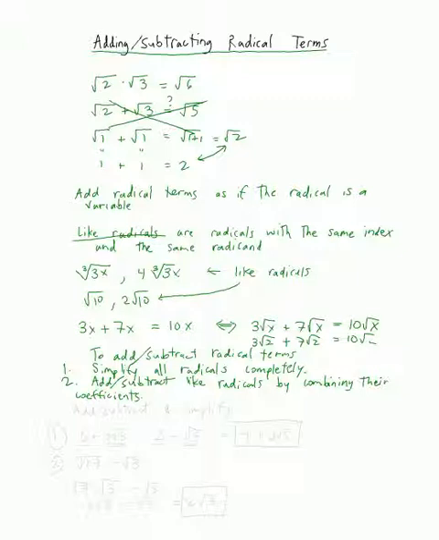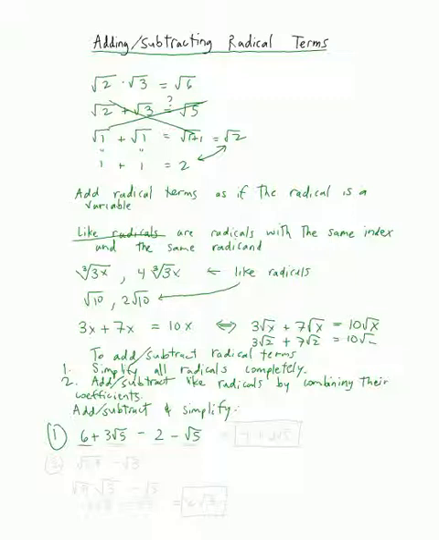Alright, so let's go ahead and do some examples. The instructions are going to be to add or subtract and simplify. So problem 1: 6 plus 3 root 5 minus 2 minus root 5. What we're going to do is we're going to combine the like terms.